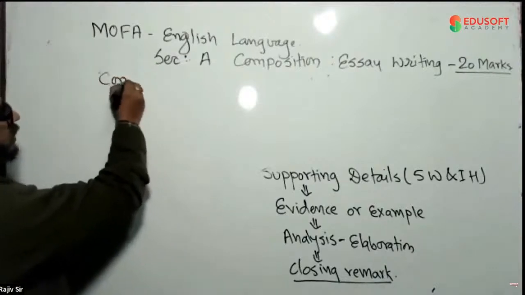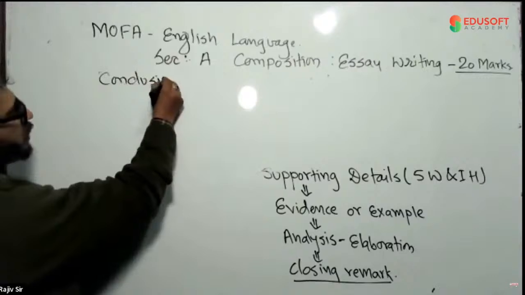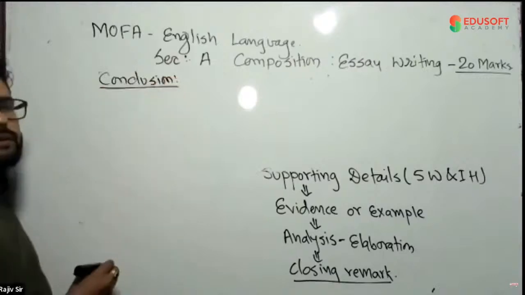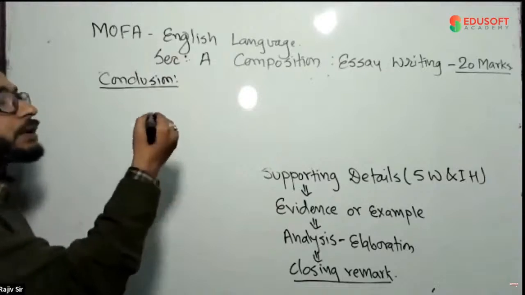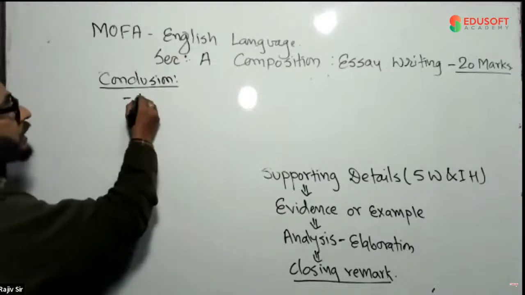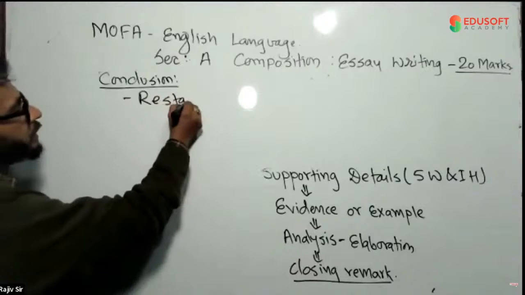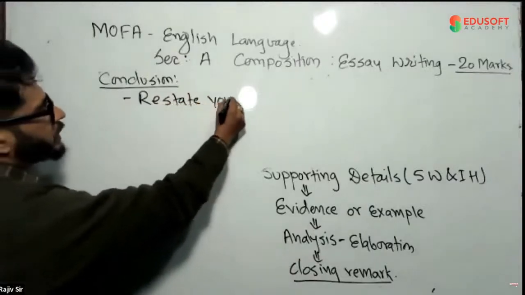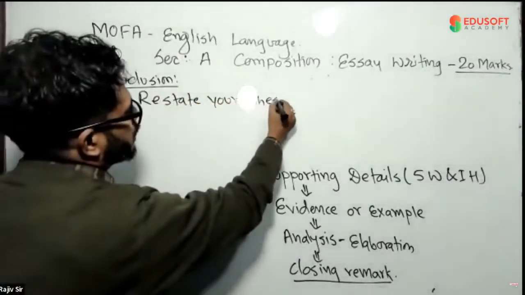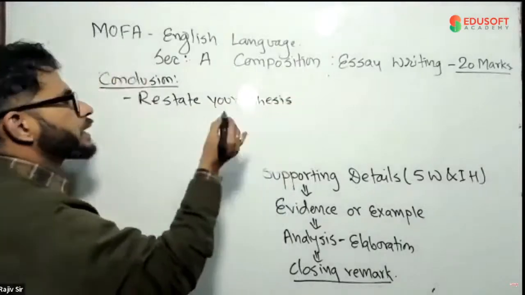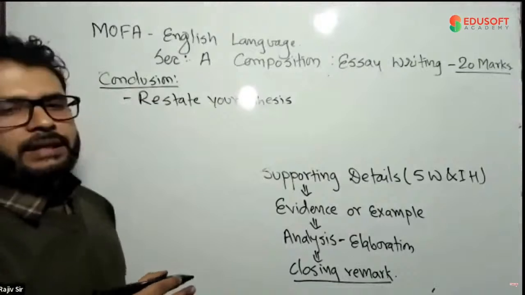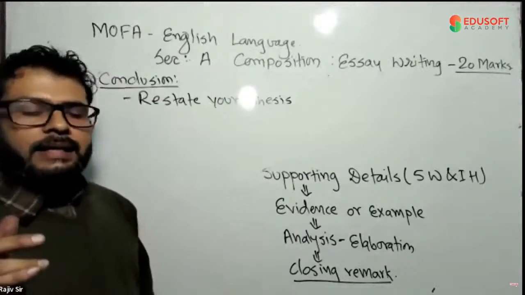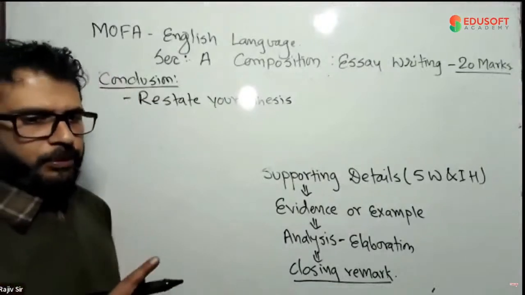Conclusion is your last part, and conclusion means restate, saying what you have said. That is to say, restate your thesis. Your thesis is stated at the beginning of the first paragraph, so you restate your thesis in a rephrased way, not in the same way.